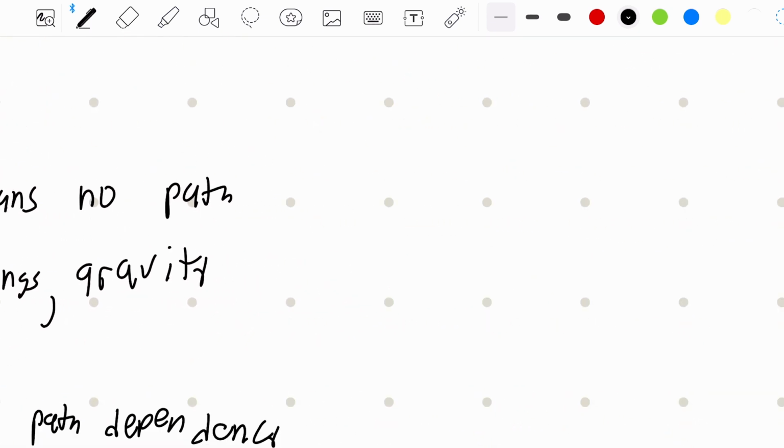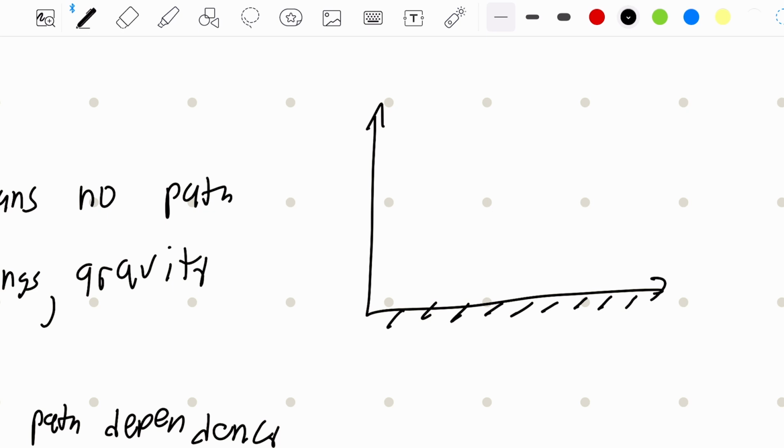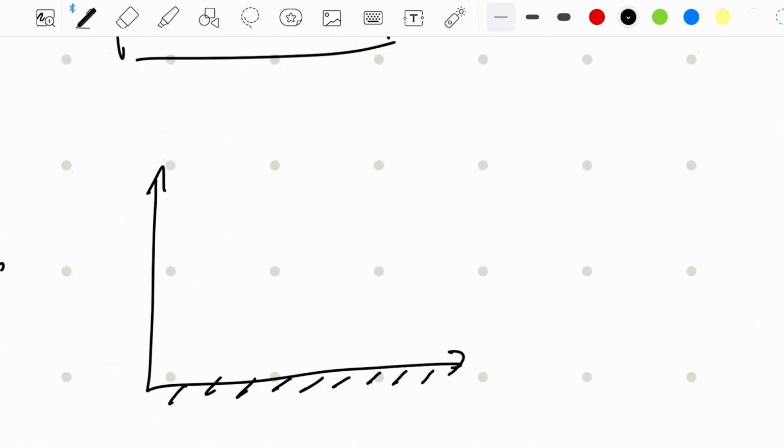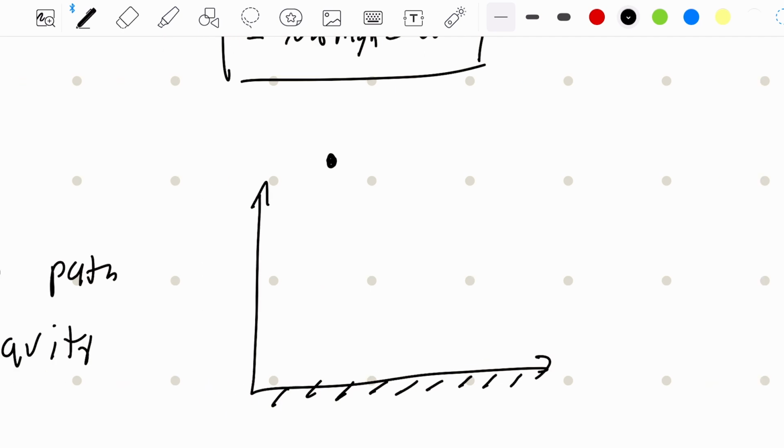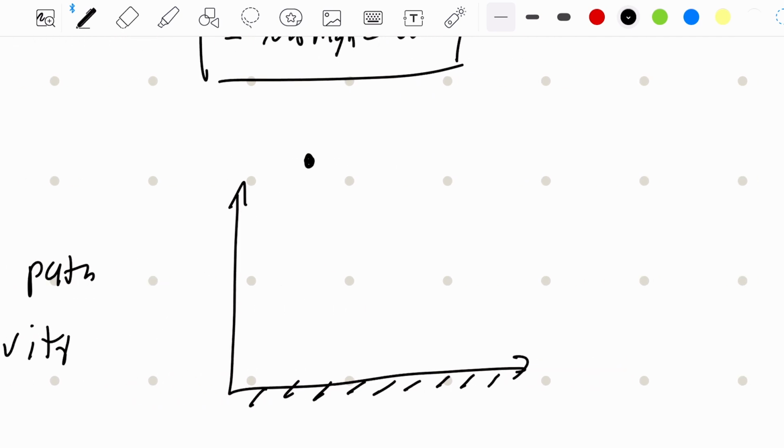If you have some plane like this, let's say that this is the ground down here, and we drop a ball from up here. It does not matter how the ball travels. The conservative work, which is the gravitational work, doesn't matter how the ball got to wherever it got to.